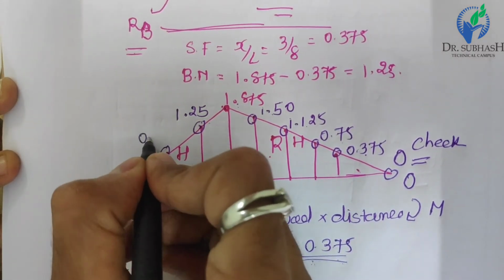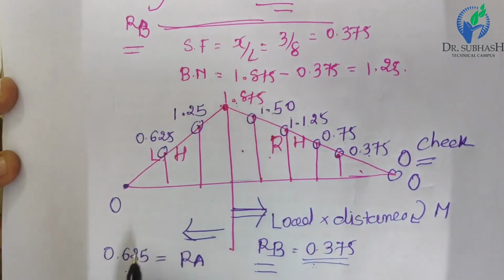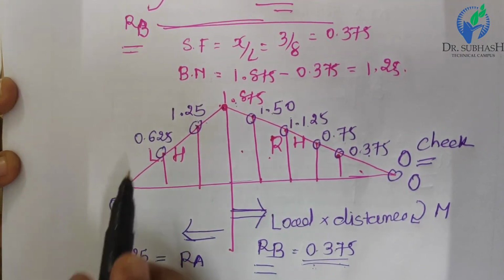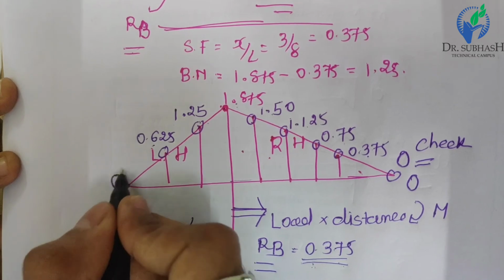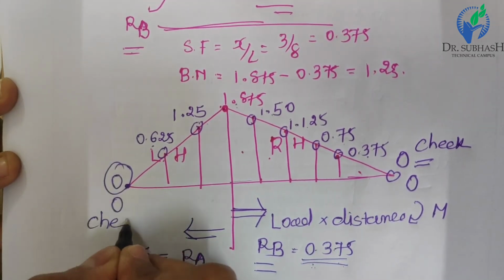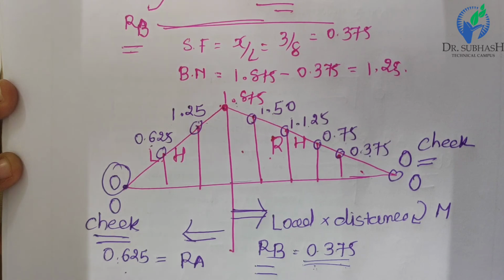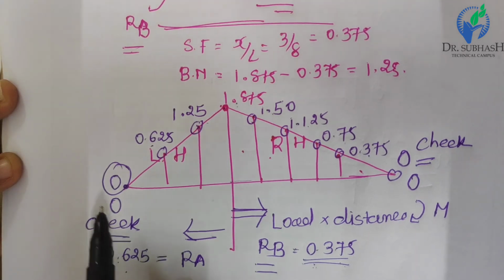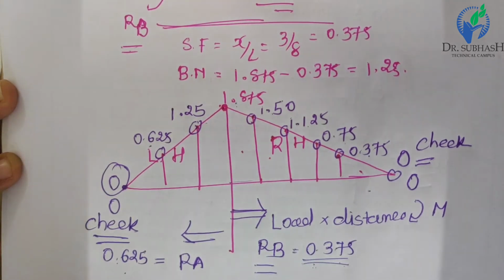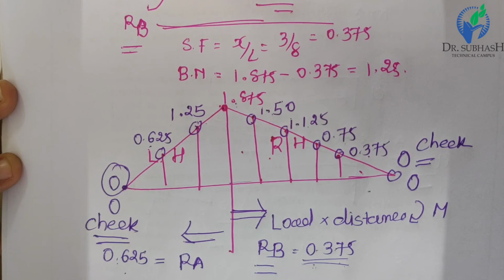So again we find 0.625. You have to again cross check. 0.625 minus 0.625, what should be the value? 0. So this one is our check. So now your bending diagram is okay. You have to check by your own hand whether your diagram is okay or not. So these are the rational methods to check that our bending moment diagram is safe.